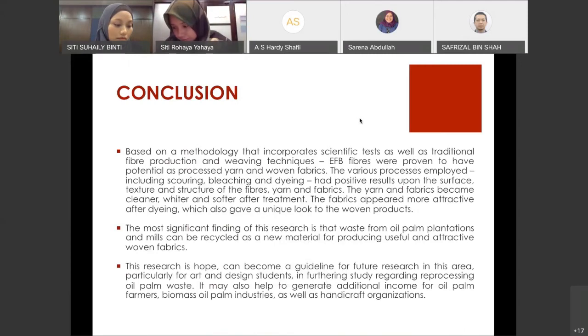It's more than 10 or 15 years, but still they can hardly find fabrics or shoes or fashion industries that use the EFB fibers. Personally, what do you think is the main problem for commercialization of these EFB fibers? That's my question.